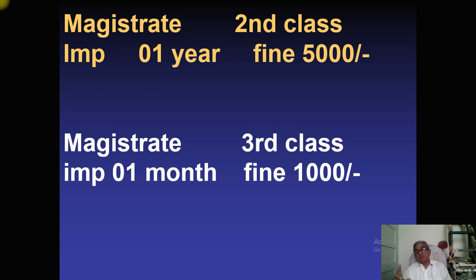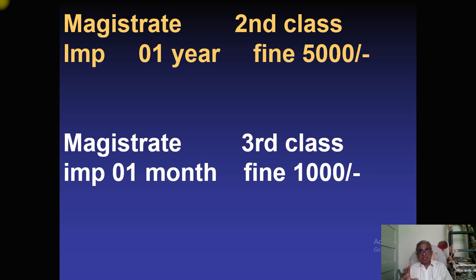Second class magistrate, magistrate darja 2, can award imprisonment up to 1 year, and he can impose fine up to 5,000 rupees.